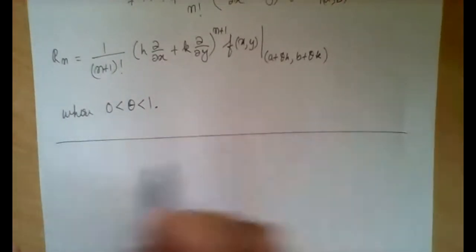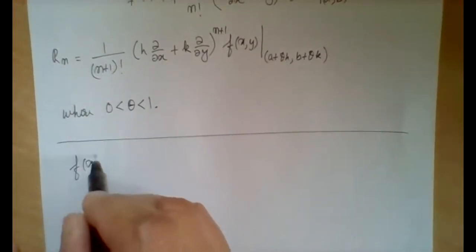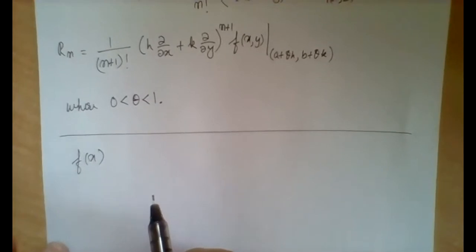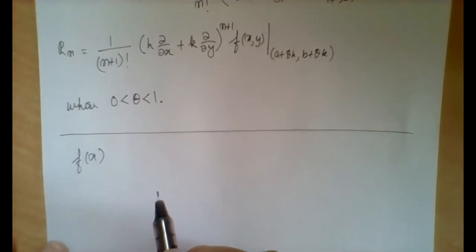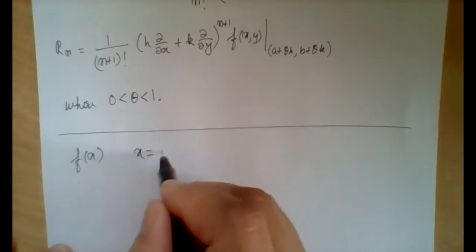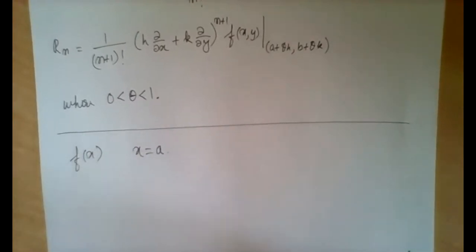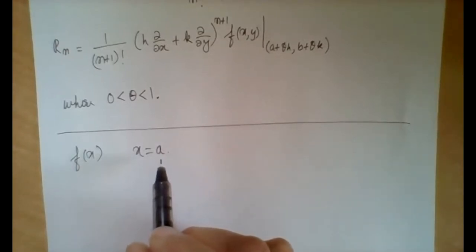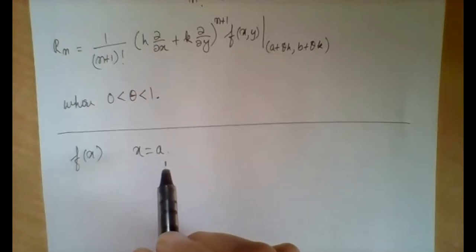So for example, for a function of one variable f(x), the local maxima or the local minima, suppose at the point x equal to a, the function has an extremum value. Let us suppose that at the point x equal to a, the function has an extremum value.